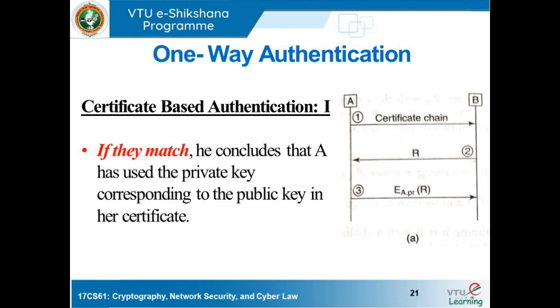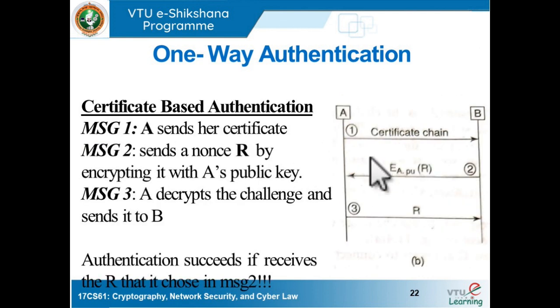Now let's look at the second way of certificate based authentication. Now over here A is sending a message to B asking B to authenticate it and provide access. Now on receiving this certificate sent by A, obviously a check is performed as in the previous case. It checks for the validity and identity of A. Then what does it do?